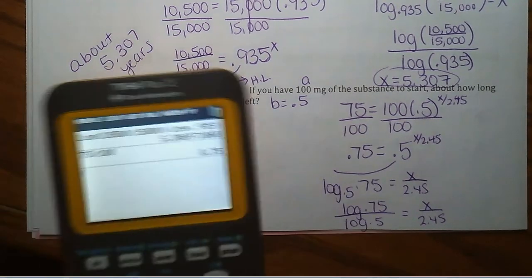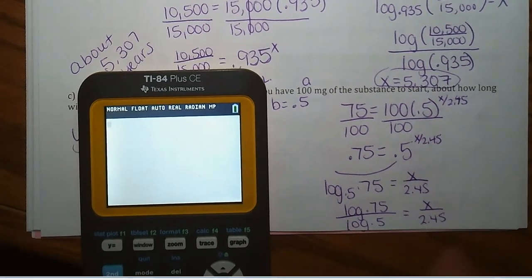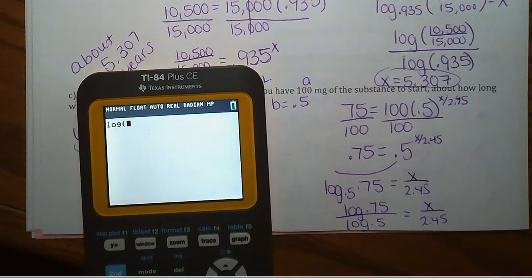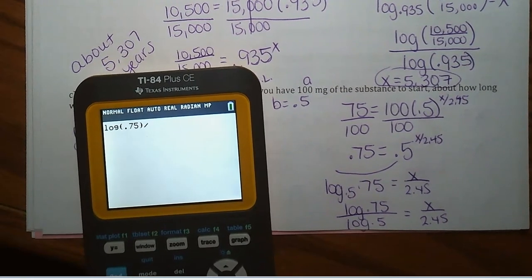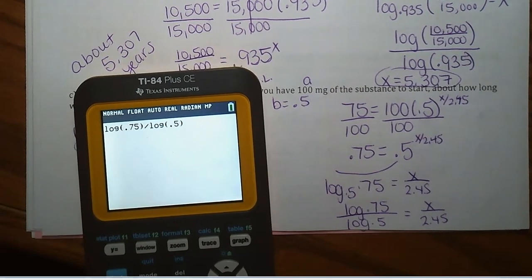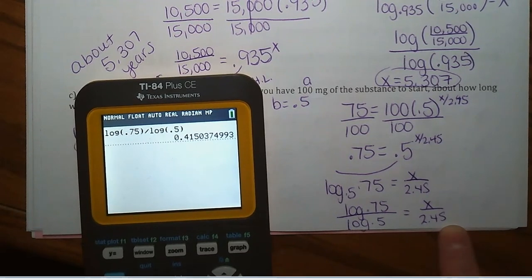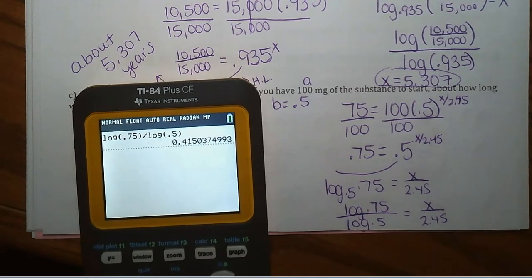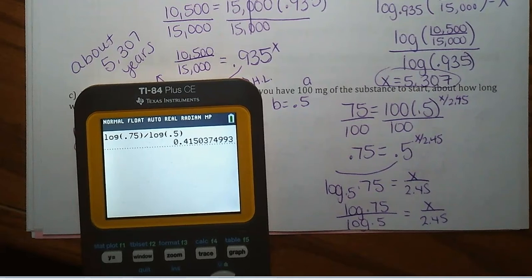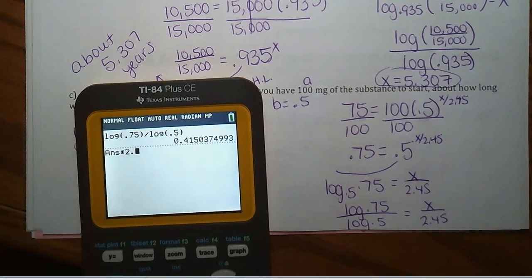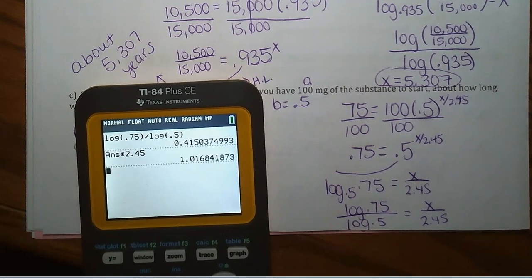Now, let me grab my calculator. I'm just going to have one extra step here. So the log of 0.75 divided by the log of 0.5, that's a decimal here. Now, to get this 2.45 out of the denominator, I just need to multiply both sides by that. So I'm going to do that directly on the calculator here, times 2.45.